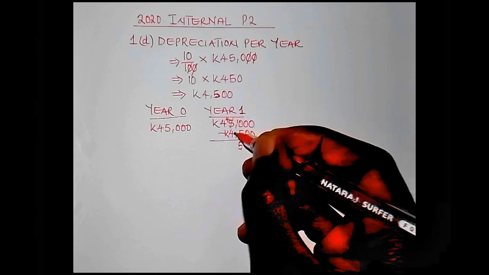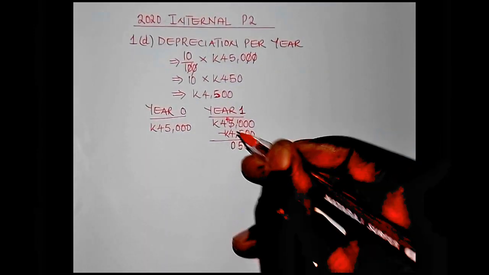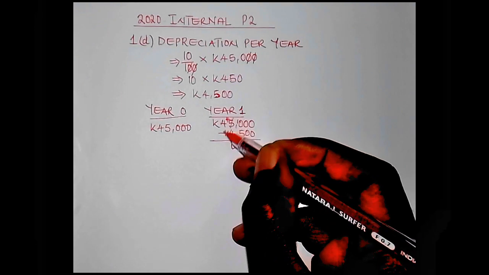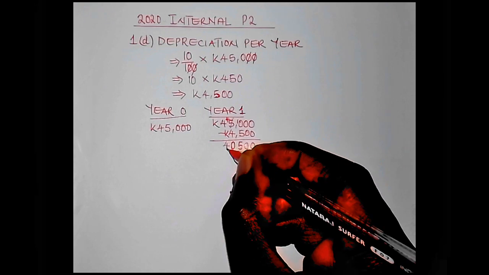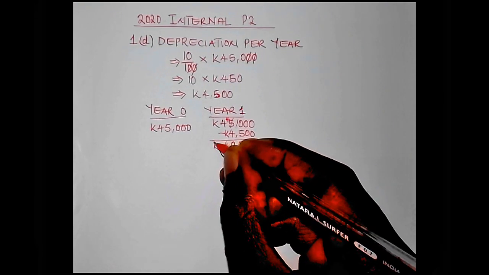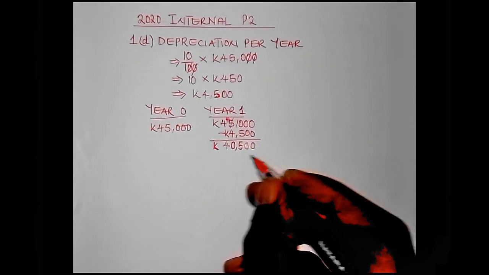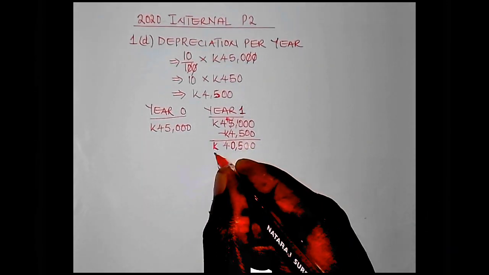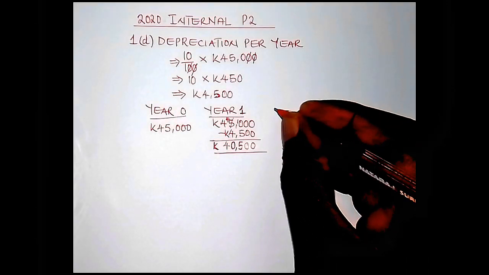What is 4 take away 4? That is 0, and 4 take away 0 gives us a 4. So after 1 year, the value of the vehicle was 40,500.